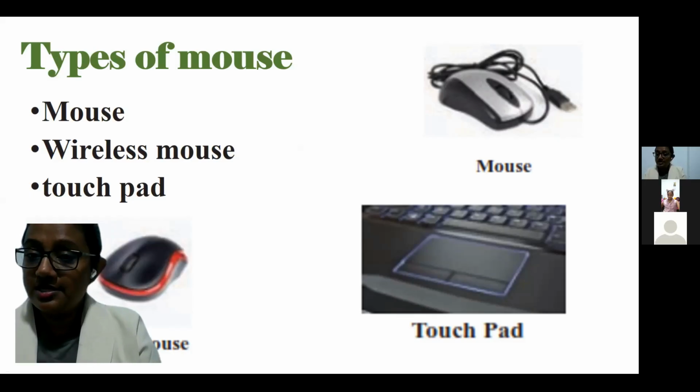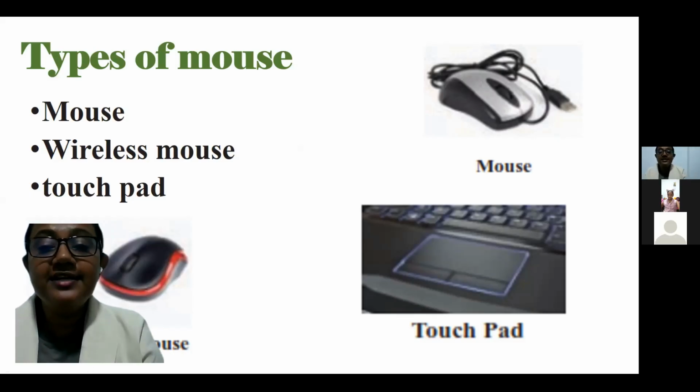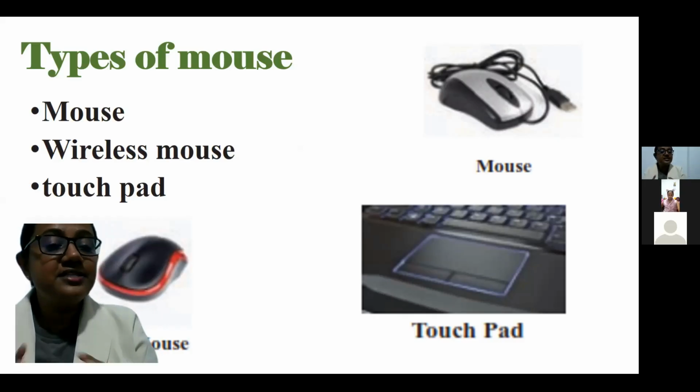Right. Then in a mouse there are three parts. What are the three parts in a mouse? Yasindu, what are the three parts in a mouse?